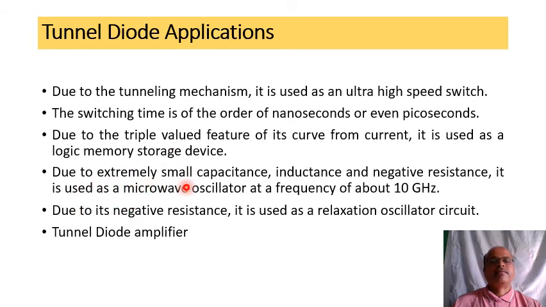Due to its extremely small capacitance, inductance and negative resistance, it is used as a microwave oscillator at a frequency of about 10 GHz. Due to its negative resistance, it is used as a relaxation oscillator circuit, and it can also be used as an amplifier. So these are the many applications of the tunnel diode, and mostly it operates in the negative resistance region.